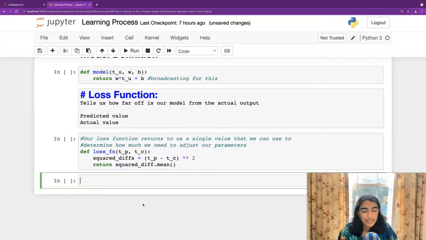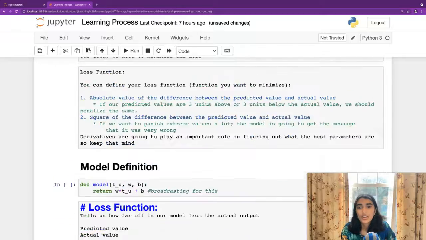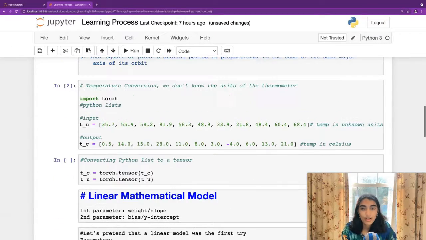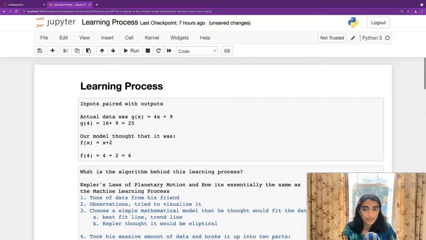Okay, good. So we also talked about in our other video about initializing parameters. So our model is not going to know the best parameters at the beginning. Otherwise, we don't need to train it at all if we already know the relationship between the input and the output. We start off with completely random parameters. So our parameters in our linear mathematical model are the weights and the biases.